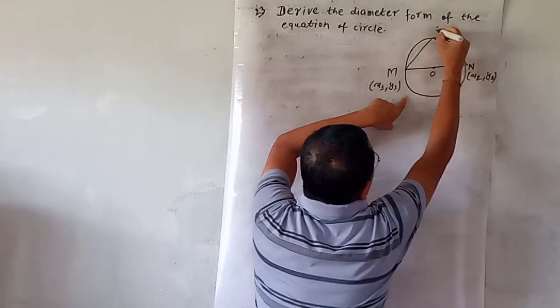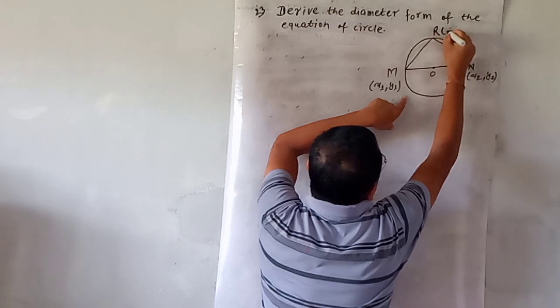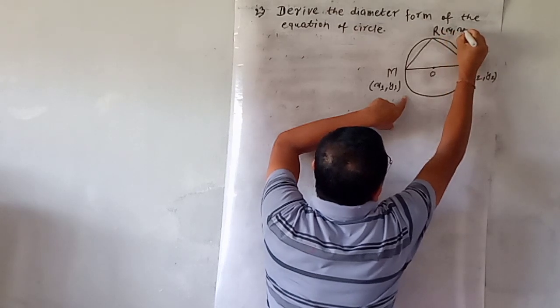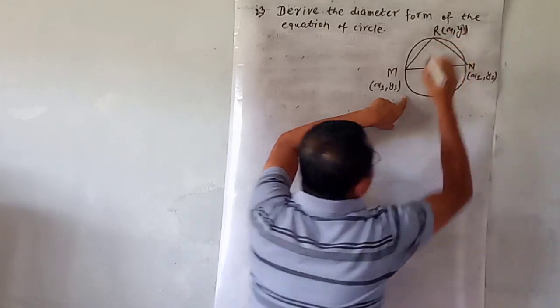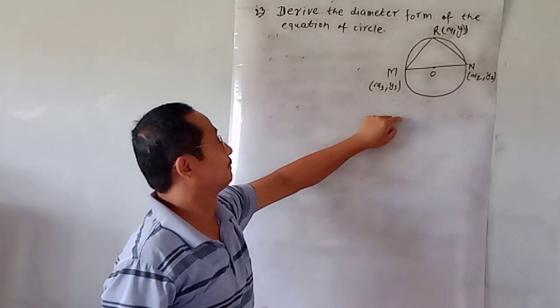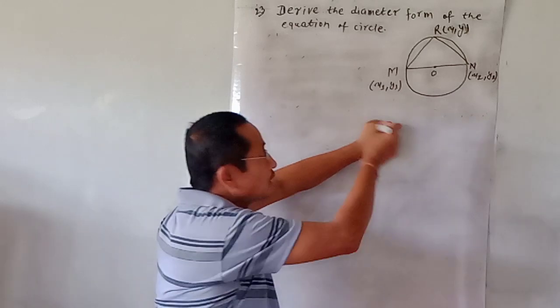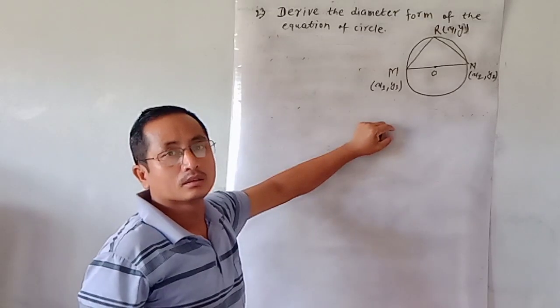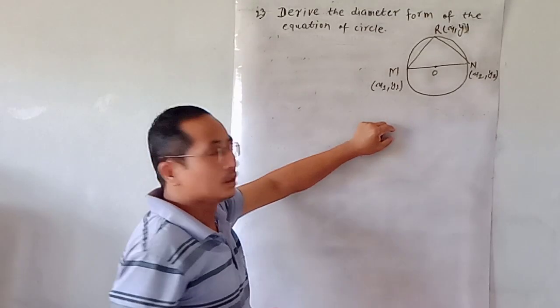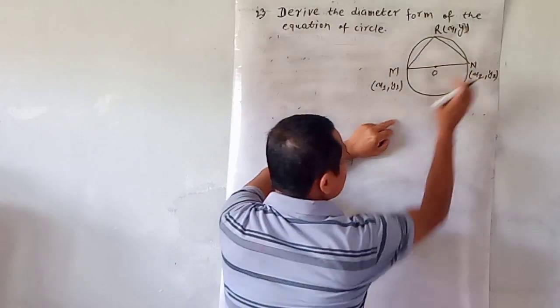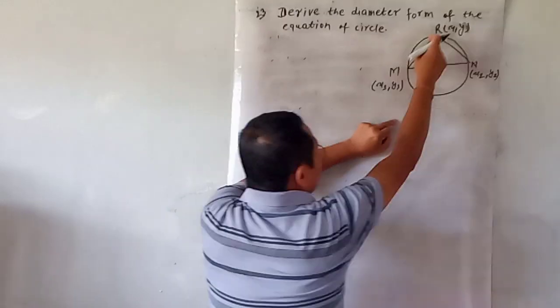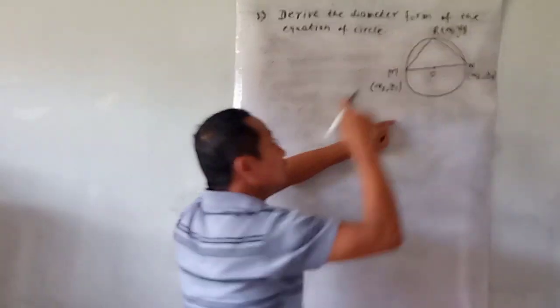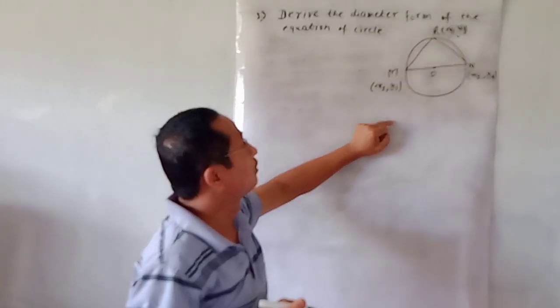Let R be any point of the circle with coordinate (x, y). I mean, in this figure, the circle has diameter MN, O is the center of the circle, and R is any point on the circumference of the circle.